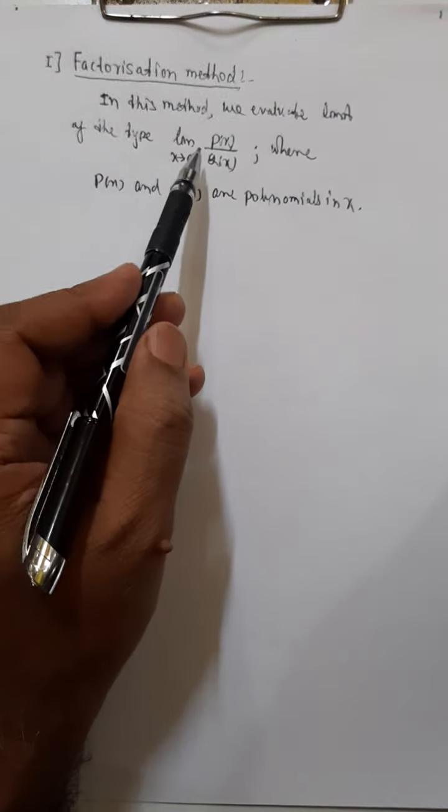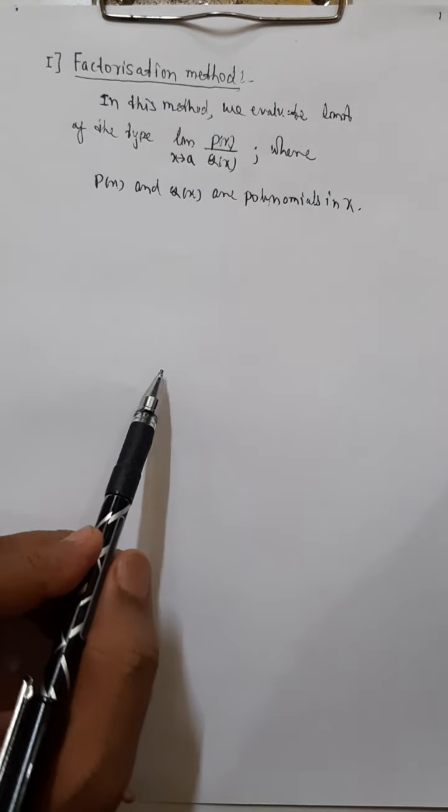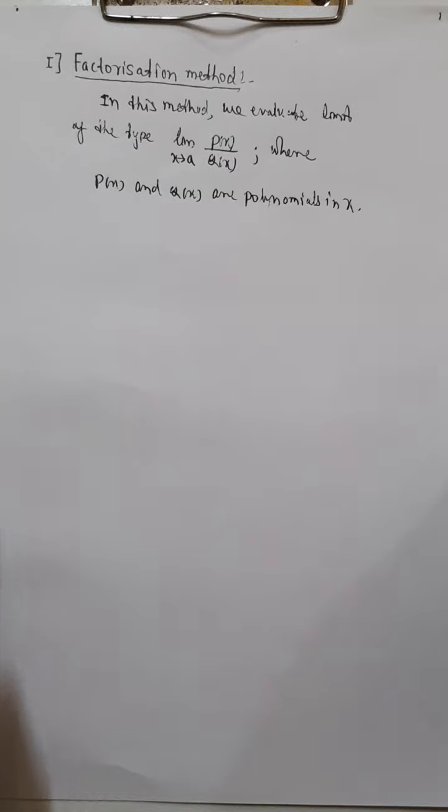What is this method? Note that we have to factorize both p of x and q of x. After factorization, we have to cancel the common factor and then we take the limit.